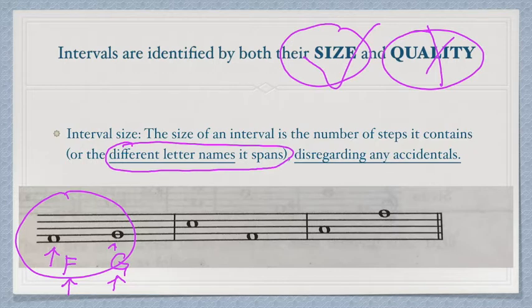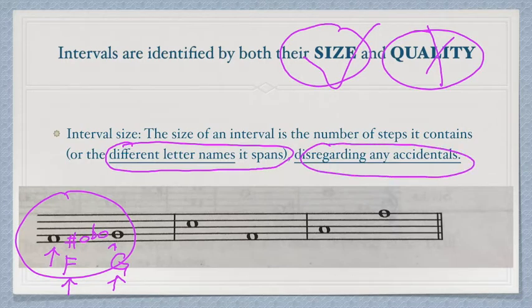So the size is 2, right? But if we contain any accidentals like F sharp or G flat, there are gonna be a lot more steps. So here we ignore any accidentals.